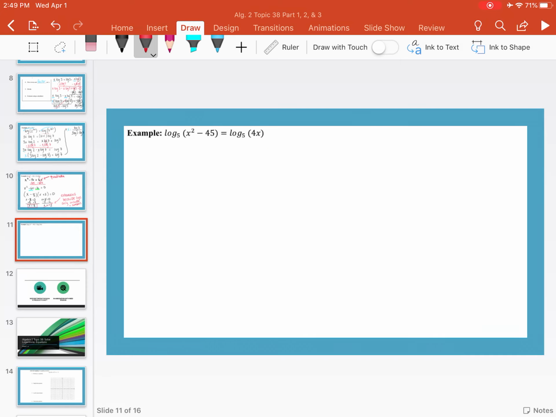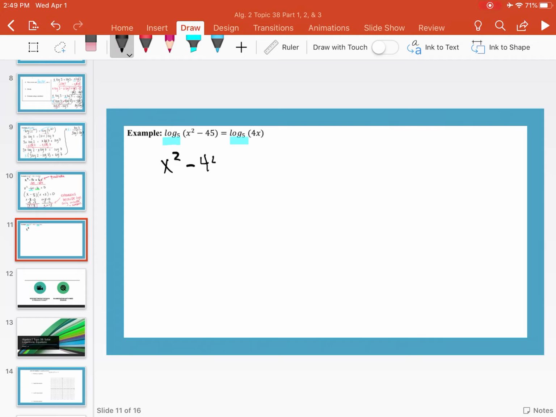Moving on to our last example, log base 5 of x squared minus 45 equals log base 5 of 4x. Now here, notice how we don't have a log base 10. That's okay. Using the property of equality right here for logarithmic equations, because these match, we can set our arguments equal.